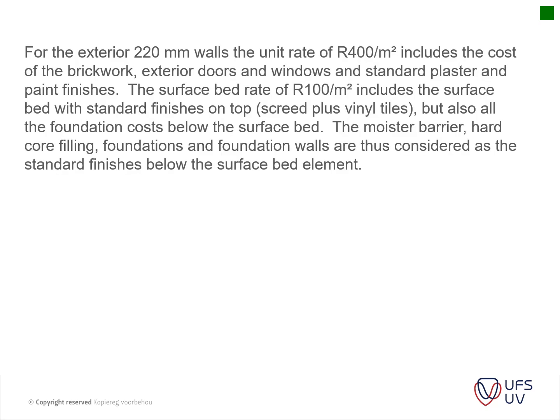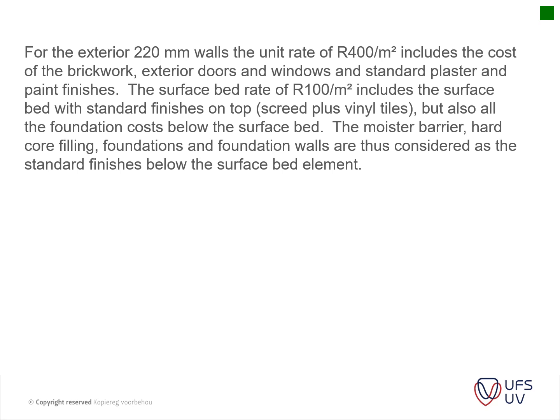Looking at our next section, for the exterior 220 millimeter walls, the unit rate is 400 Rand per square meter, which includes the cost of brickwork, exterior doors and windows, and the standard plaster and paint finishes. The surface bed rate is 100 Rand per square meter, and it includes the surface bed with the surface finishes on top, screed plus vinyl tiles, etc., but also all the foundation costs below the surface bed.